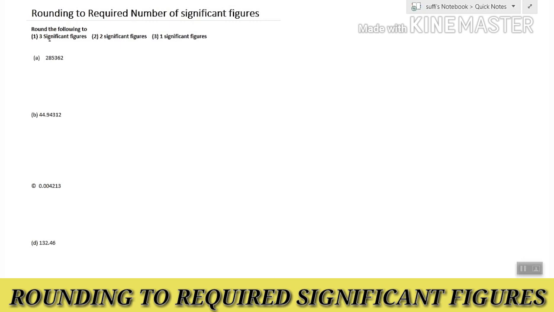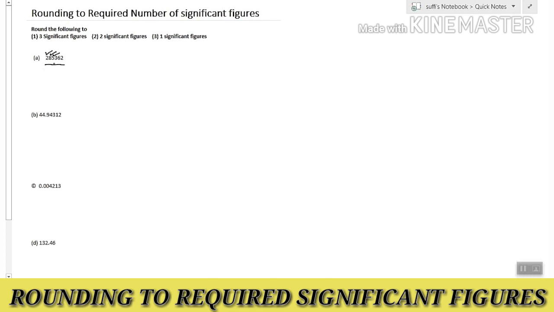Let's take an example. We are given different numbers here and we have to round them to 3 significant figures, then 2 significant figures. To round off to 3 significant figures, the first significant figure is 2, then the second is 8, and the third is 5.